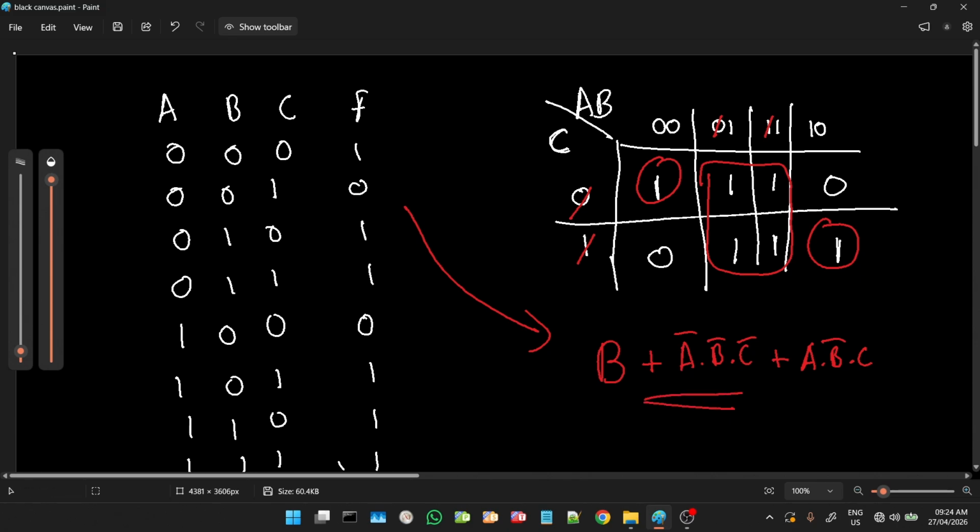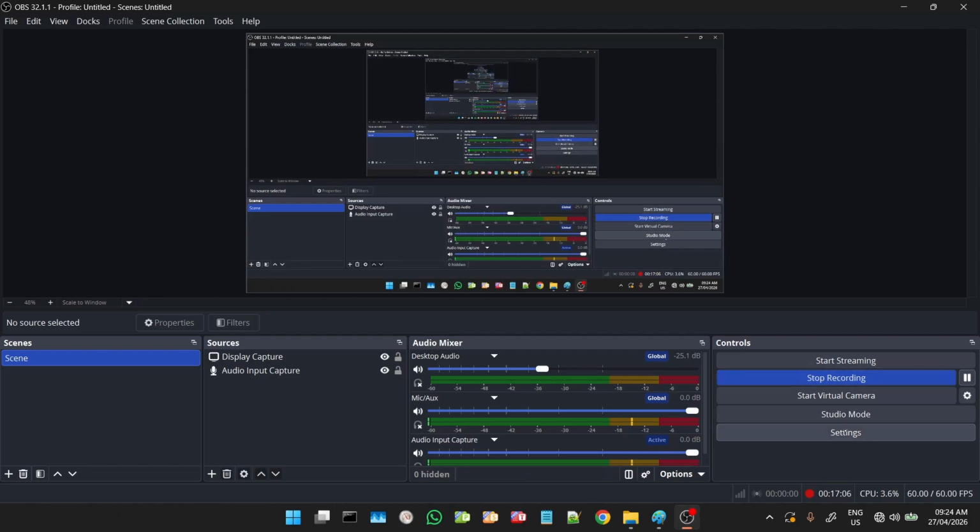Now, something the JG chemistry tutor did not specifically say, I haven't seen him say it anywhere, is how you can fold a K-map.